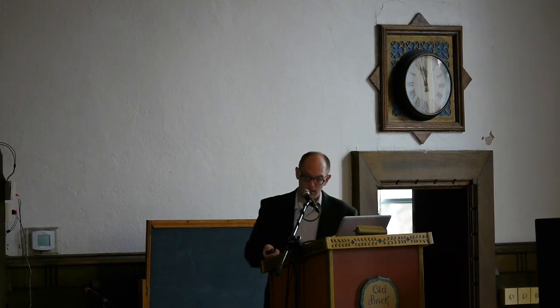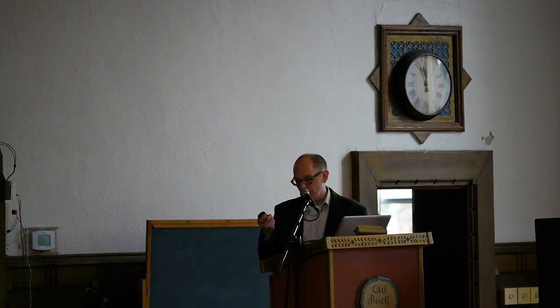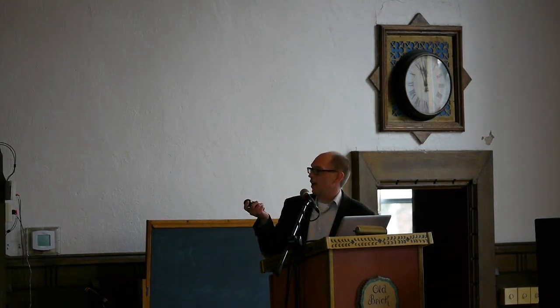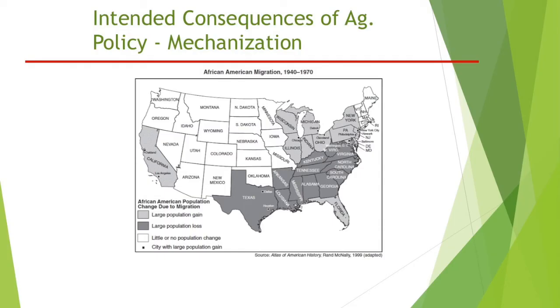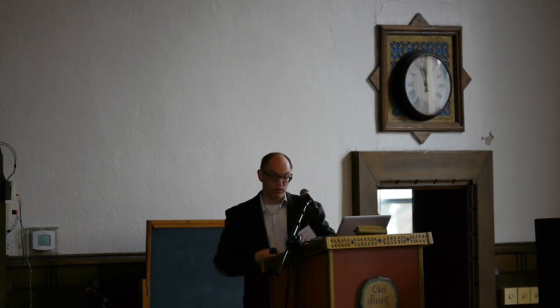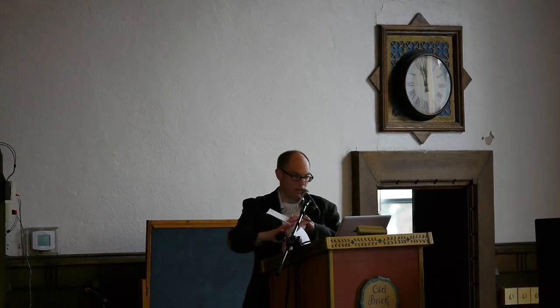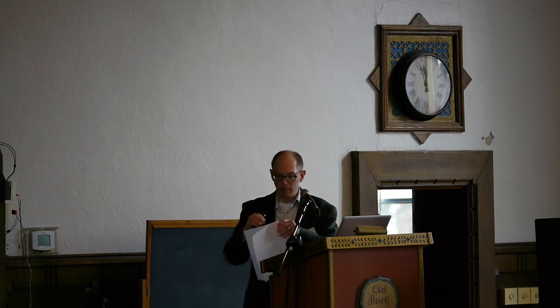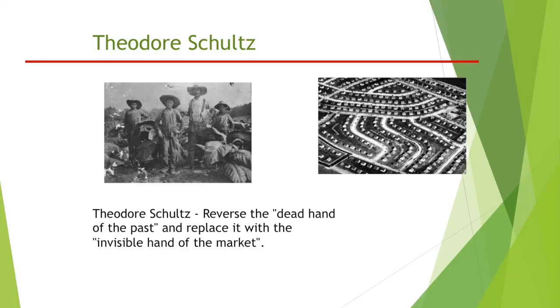Schultz and Myrdal argue for heavily mechanized policies that will, hopefully, free up the labor to move from the South to the North as part of the Great Migration after World War II, and replace what Schultz calls the dead hand of the past with the invisible hand of the market.